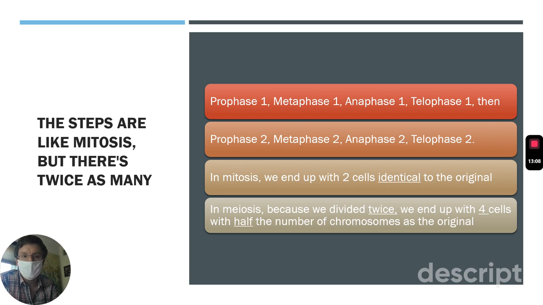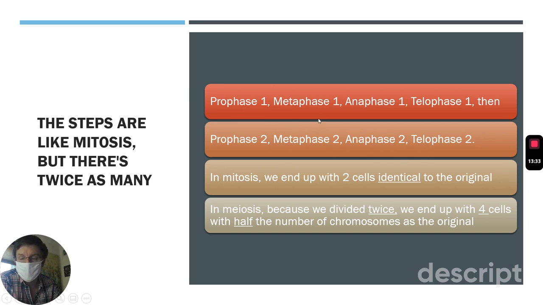And these are known in the community as meiosis 1 and meiosis 2. So meiosis 1 consists of prophase 1, metaphase 1, anaphase 1, and telophase 1. And then we get into meiosis 2, which has prophase 2, metaphase 2, anaphase 2, and telophase 2.